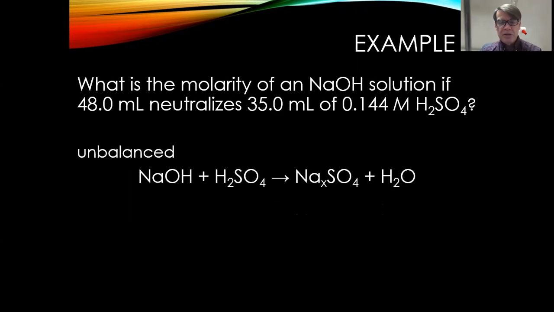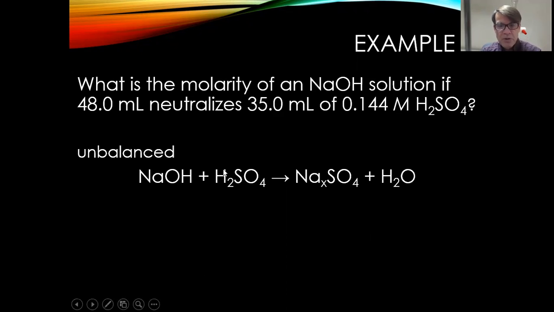First let's figure out what the reaction is. We're starting with sodium hydroxide and we are titrating into it, drip, drip, drip, using a burette, sulfuric acid until it's neutralized. So what is the equation here?